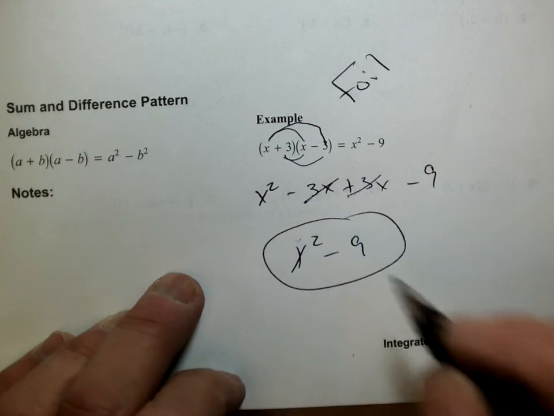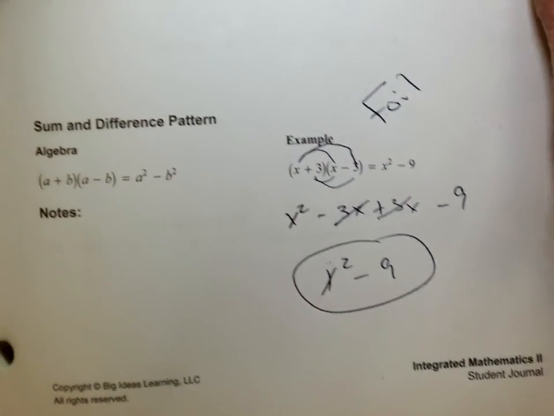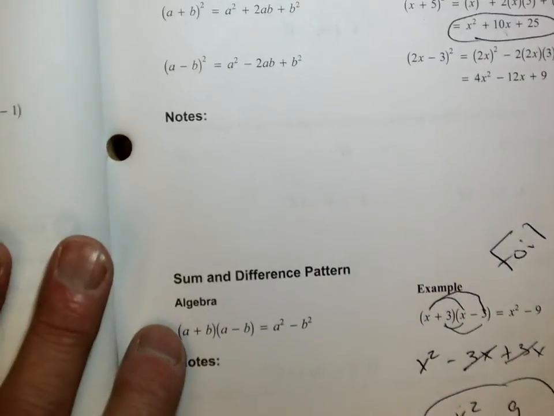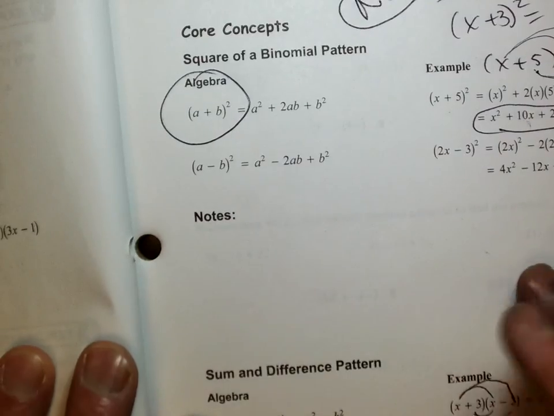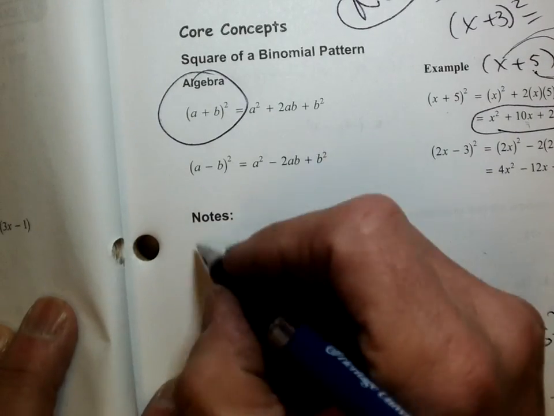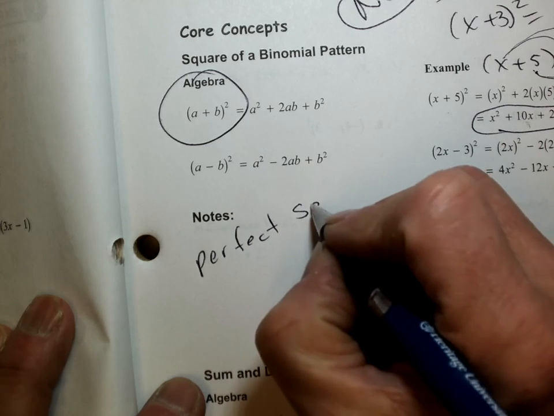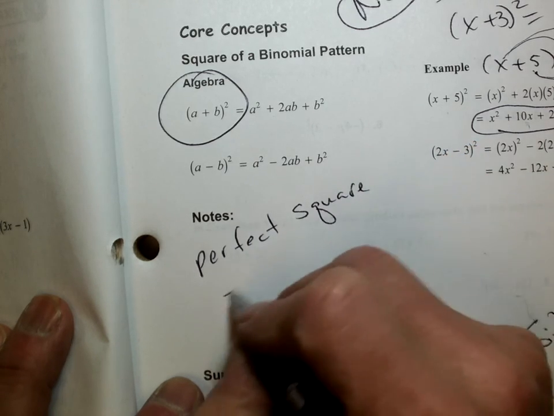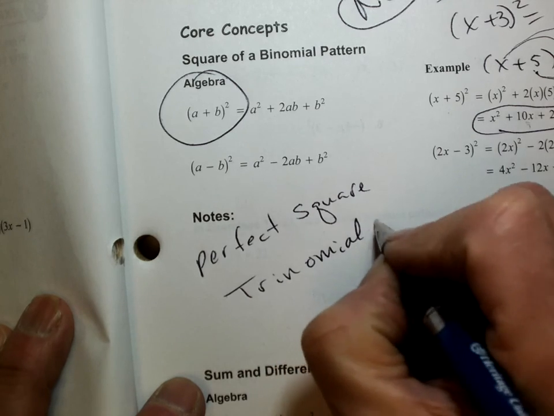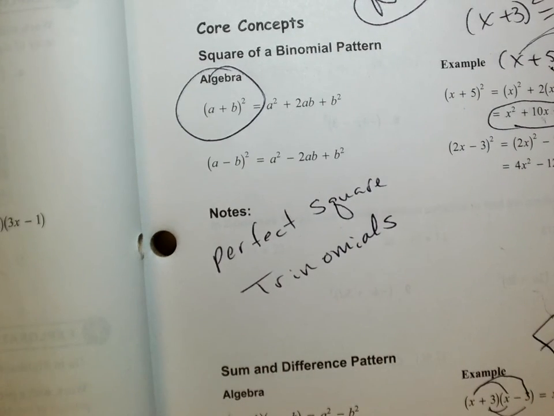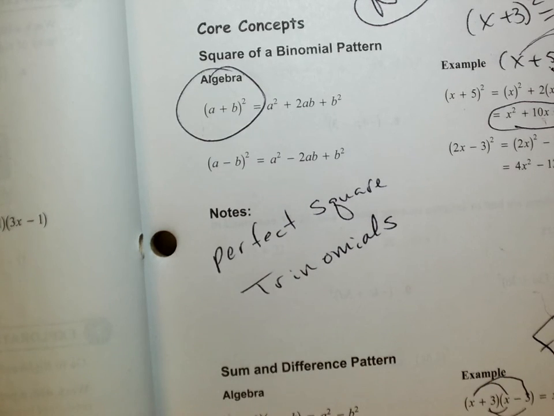Now, what the book and the journal want us to know is that these up here are called perfect square trinomials. If we have something quantity squared, we call it a perfect square trinomial.